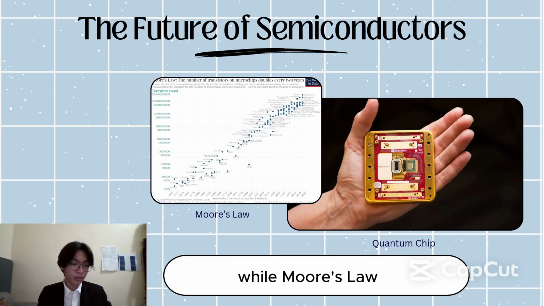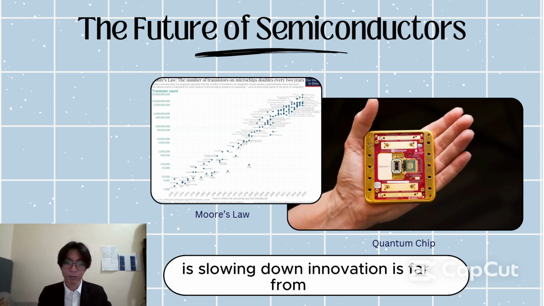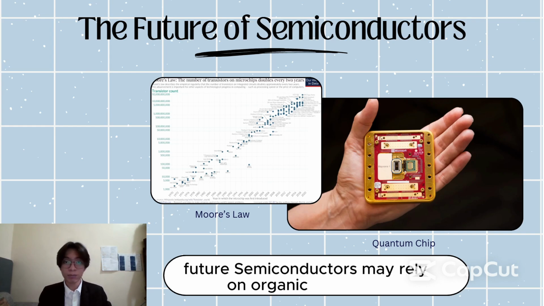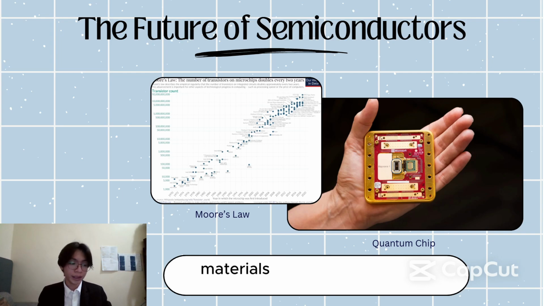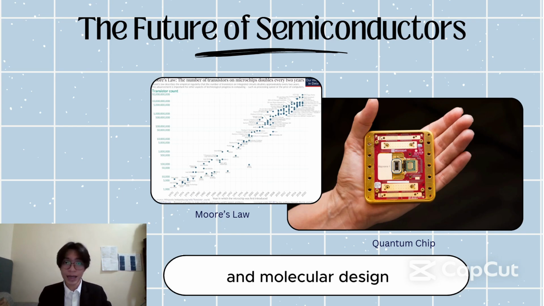While Moore's law, predicting chip size will keep shrinking, is slowing down, innovation is far from over. To add more info, future semiconductors may rely on organic molecules, 2D materials like graphene, and quantum dot technologies, all of which involve advanced chemical synthesis and molecular design.